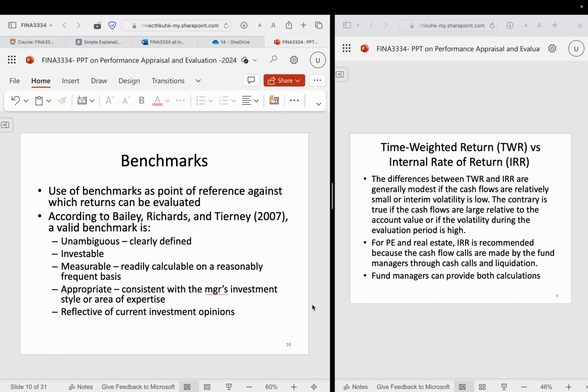And then fixed income depends on the environment, but assuming it's global, we will use the Barclays Global Aggregate Index. This is an index created by Lehman Brothers, but Lehman Brothers went bankrupt, so it was bought by Barclays. It's a global bond index that incorporates global corporate bonds, government bonds, etc., covering most of the bonds.